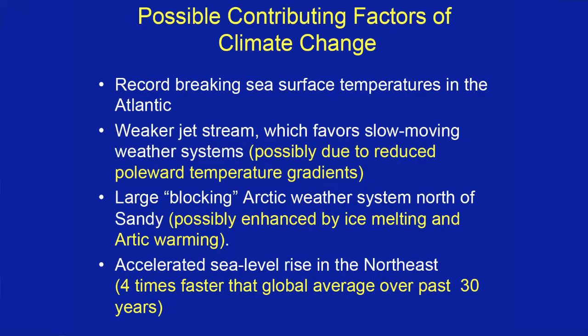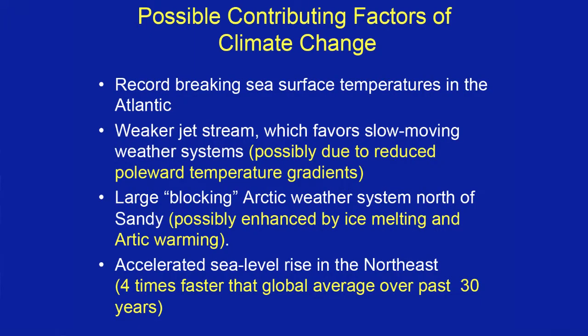One of the signatures of global warming is that we may see an extension of the hurricane season. The official end of the hurricane season is November 30th; this could be extended further. Another signature is the weakening of the jet stream. Typically, the jet stream serves to move hurricanes away from the coastline, but because the jet stream was quite weak, it allowed Sandy to make the sharp turn to the left.